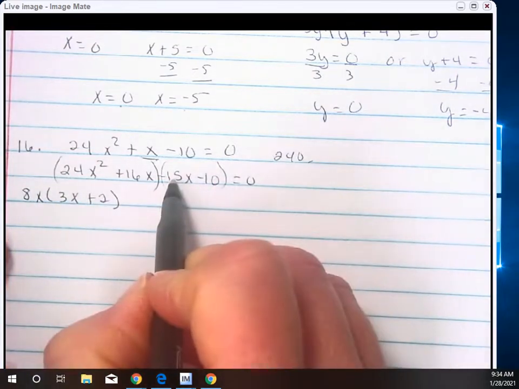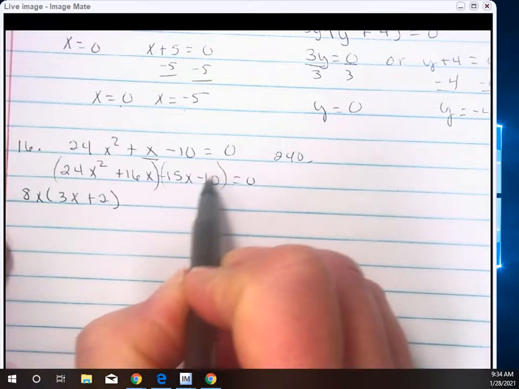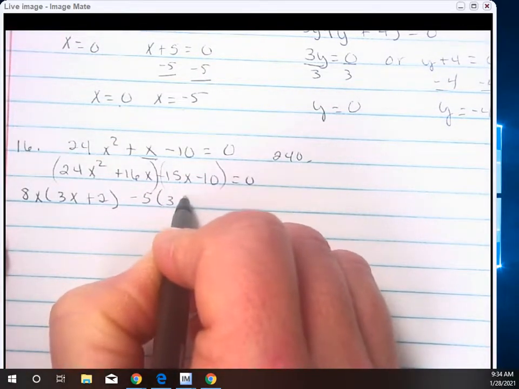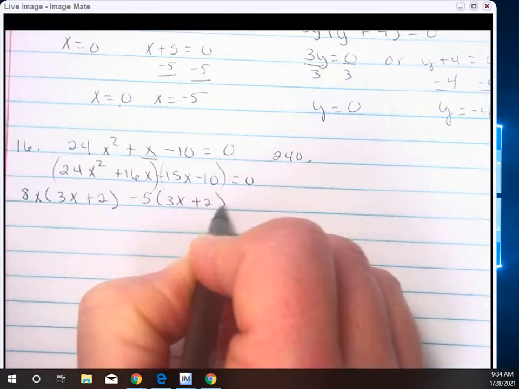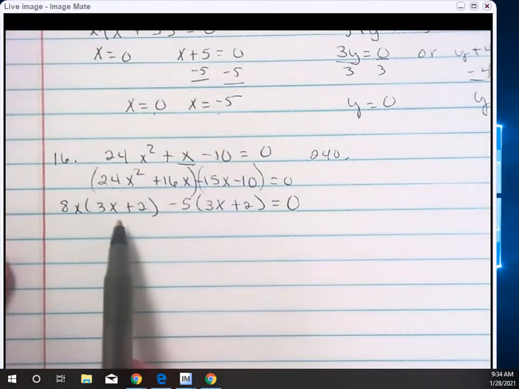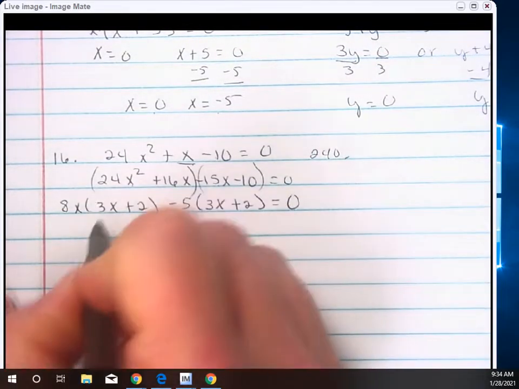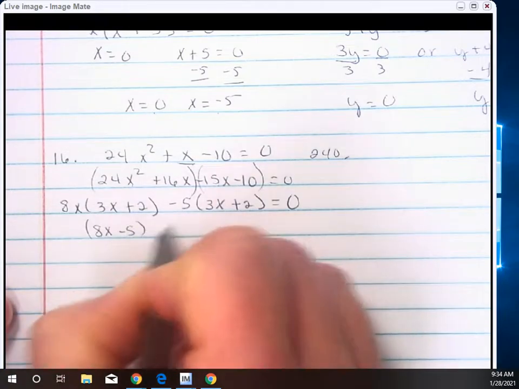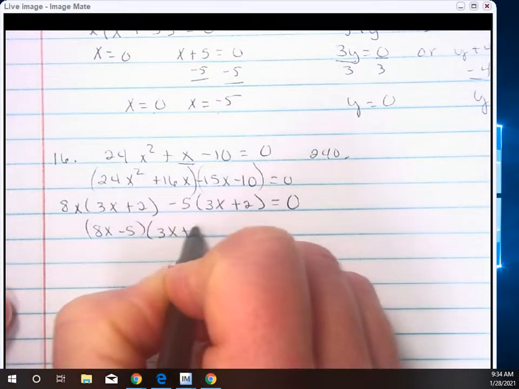And the greatest common factor in a negative 15 and a negative 10 is a negative 5. So that leaves us a 3x and a 2. Now, in the factor by grouping, we notice that there's a 3x plus 2 that's in common. So we're going to take out that 8x minus 5 and the 3x plus 2.